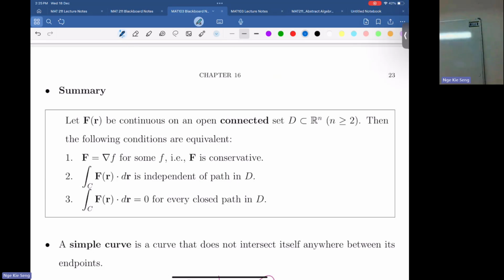If you have a conservative vector field on an open connected set, it is equivalent to saying that if you integrate this vector field along any path, it is independent of path, depending only on the endpoints. Or if you integrate over a closed curve, you always get zero. These three are equivalent. If one is true, the other two are also true. Make sense?